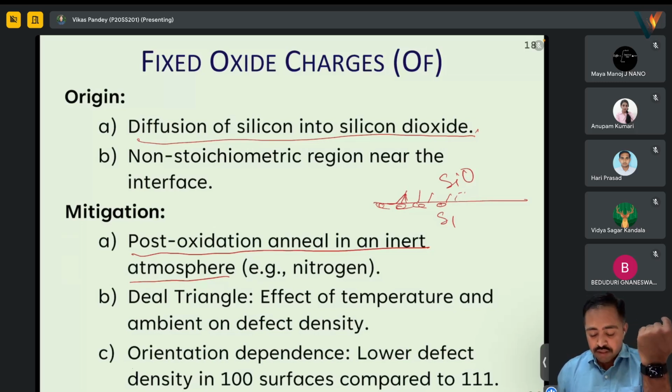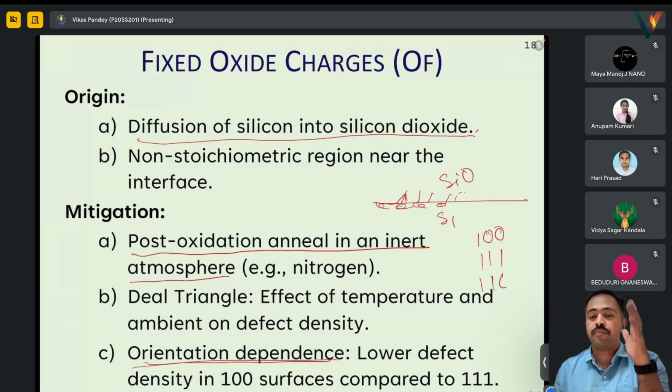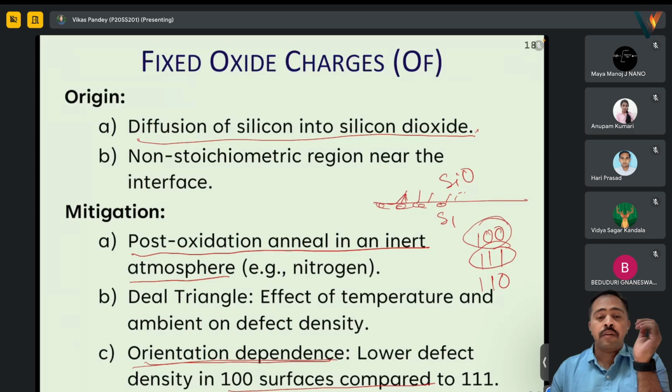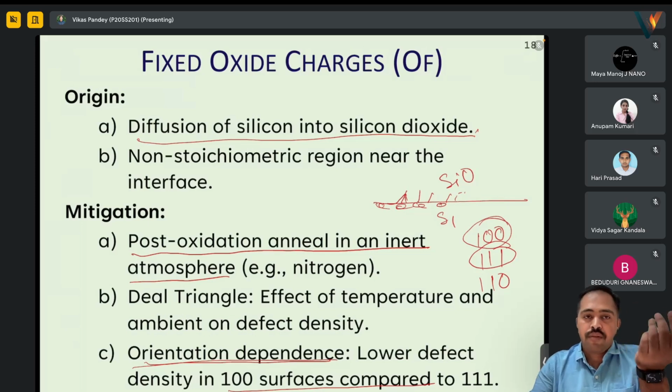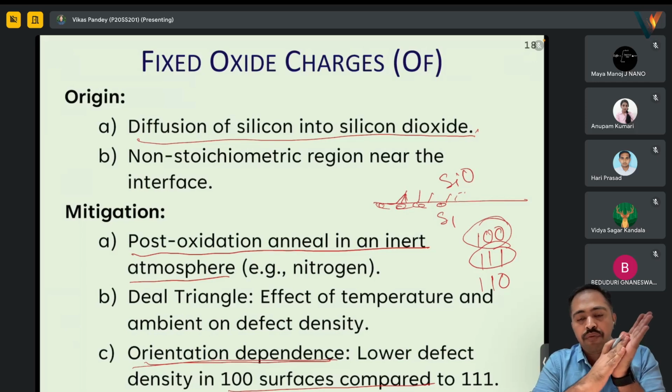Then third is orientation dependence. Like we have seen in the first class, we have 100, 111 or 110 silicon. In general, we are dealing with 100 and 111 silicon wafers. When we are growing oxide, in case of 100 surfaces the defects are lower, whereas in case of 111 the defects are more.